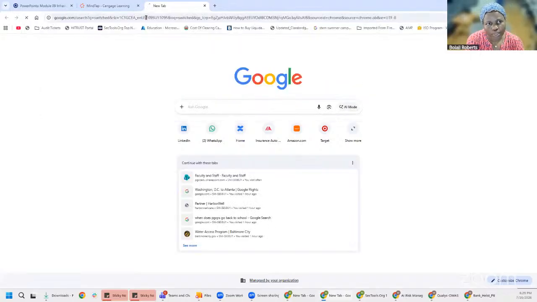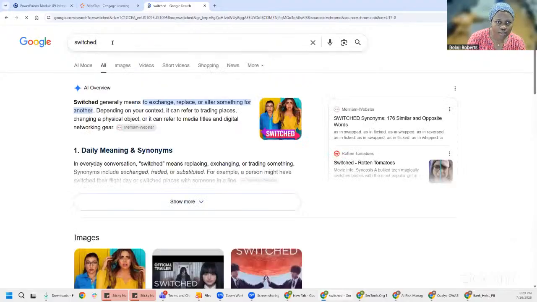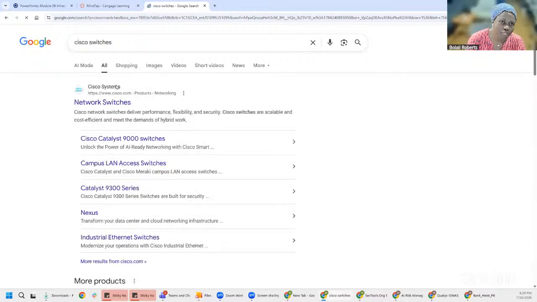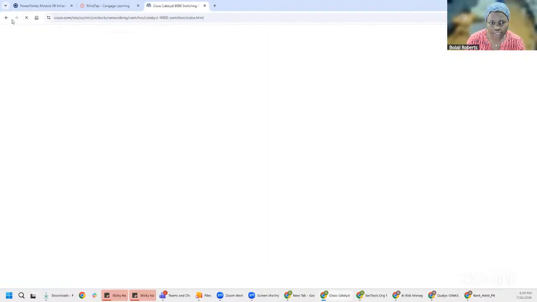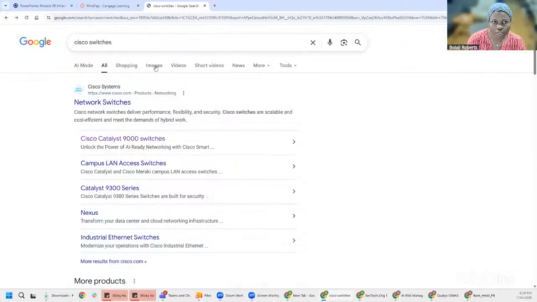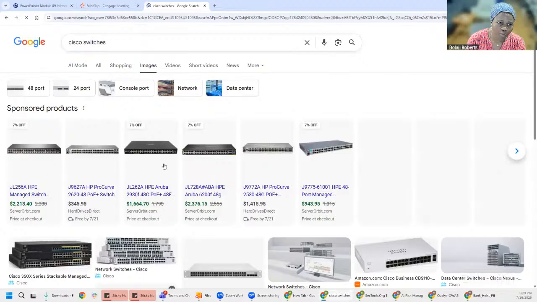So let's assume that we're dealing with a Cisco switch, right? Cisco switches have different ports. So this is a Cisco Catalyst 9000 switch. And they do have different ports. And so you're connecting cables from the endpoints to the switch ports, right?